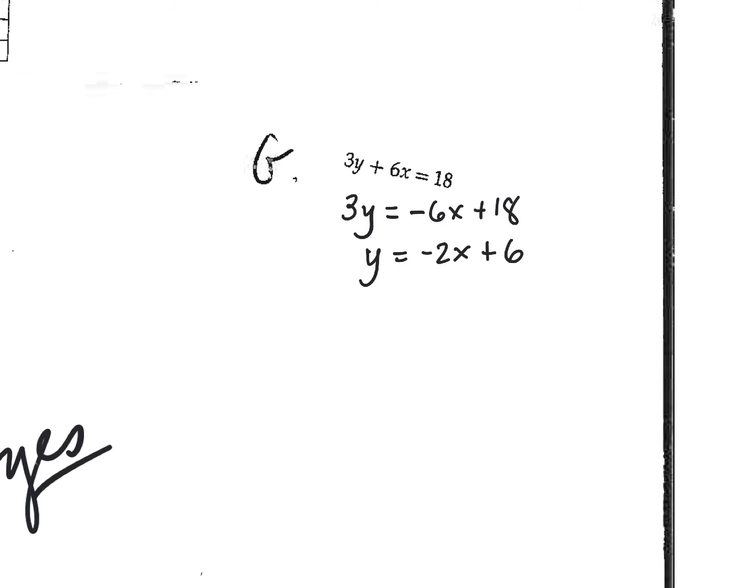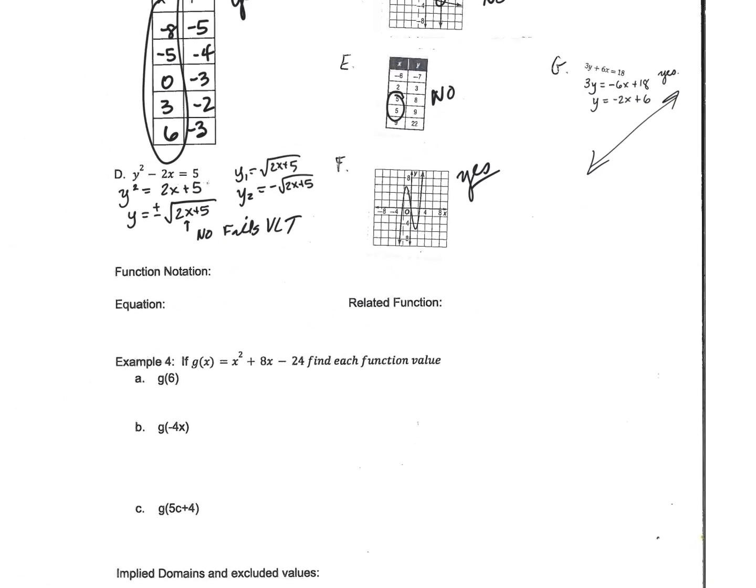A line. So yeah, a diagonal line. How do you know? I don't even care exactly what it looks like. I just need to know it's a line that's not vertical. How'd you know that was just going to be a line? Because it's y equals mx plus b. So is it going to pass the vertical line test? Yes. So is it a function? Yeah. It's a line. So sometimes you can just look at the equation and see.